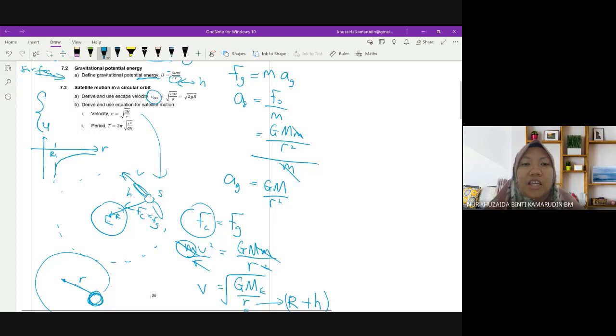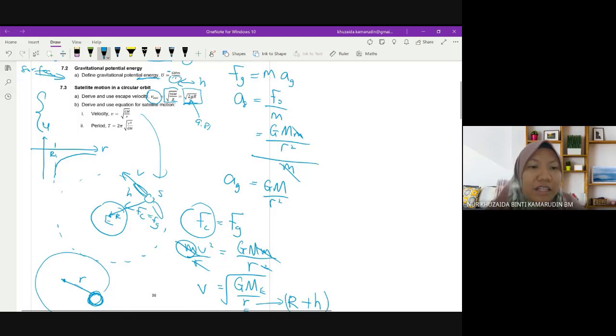Alright, so escape velocity over here we have equation square root of 2GM over r. So r dekat sini adalah radius of the earth. Memang dia dah gunakan simbol capital R lah dekat sini, radius of the earth. So this one is the derivation. So kalau tak guna this one, you boleh guna this equation lah. And g over here is 9.81. Kita boleh terus guna. Okay, alright.